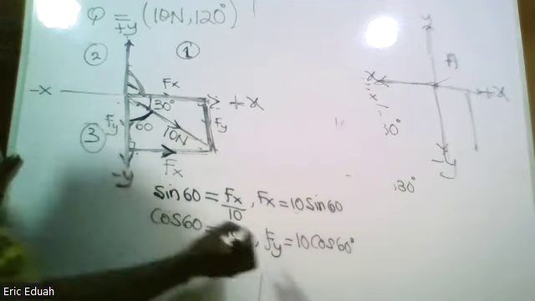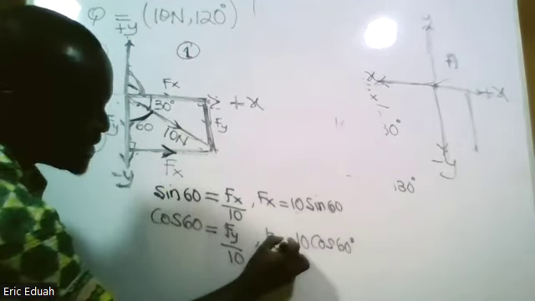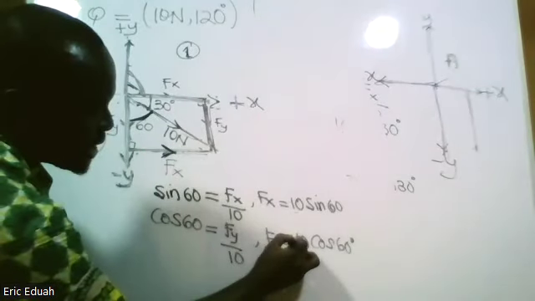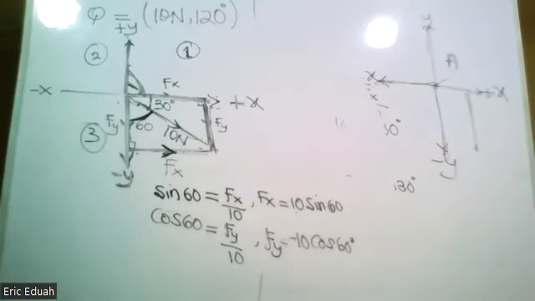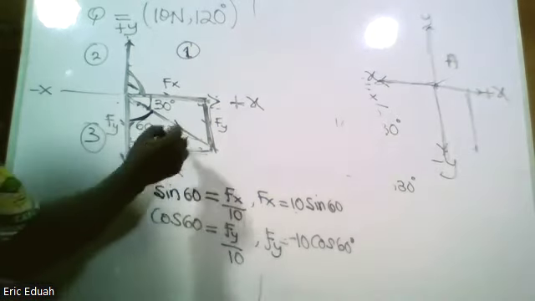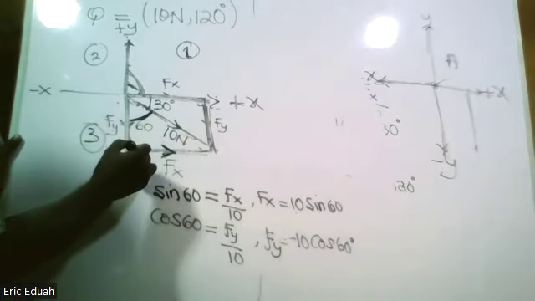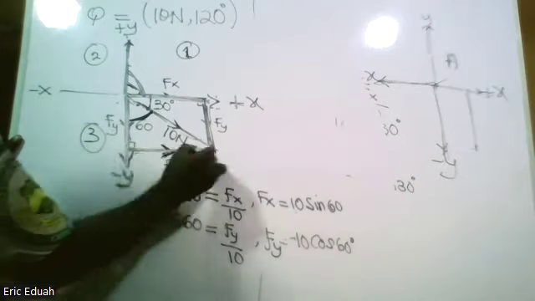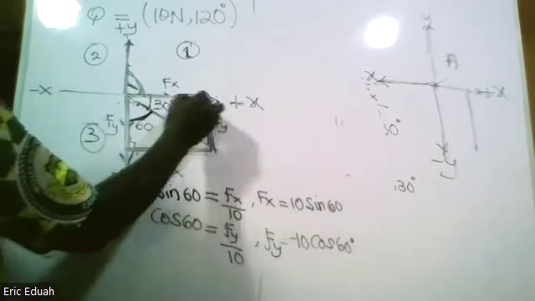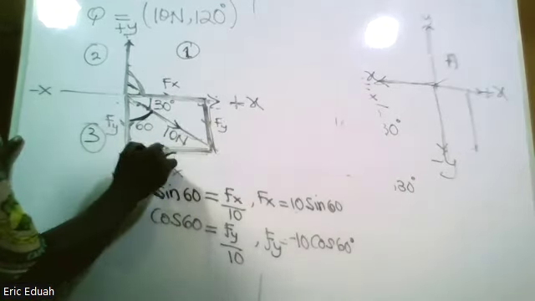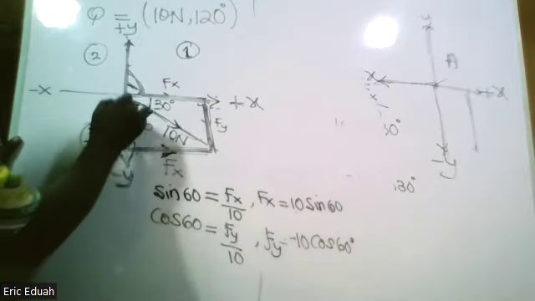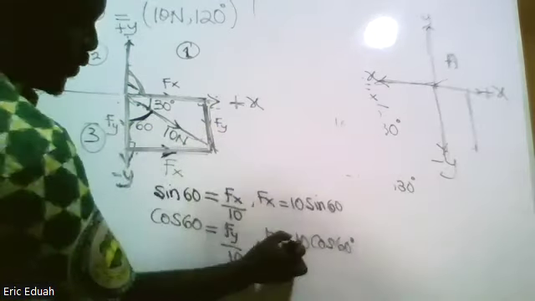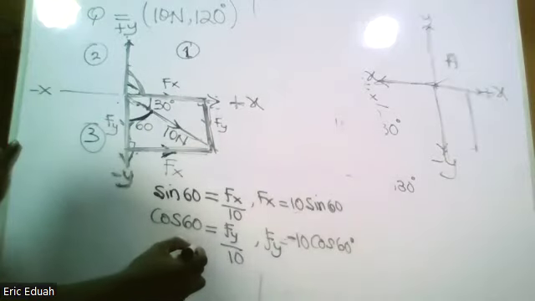So quickly, Fy must be negative. It must be negated. As for the x, the adjacent is along the positive x, so that is positive. But the y is negative, the reason for which Fy is negative.